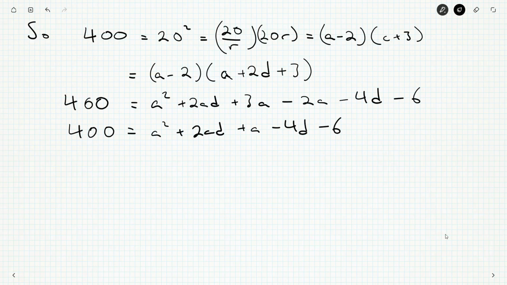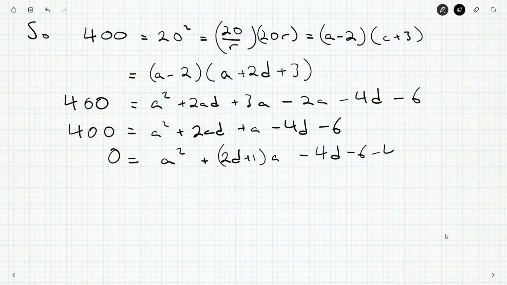Okay, that's not the most helpful thing. It's quadratic in terms of A, but it's got D values in here that I'm not the biggest fan of. Suppose we could group some like terms and say 0 is A squared plus 2D plus 1 times A minus 4D minus 6 minus 400. This term at the end makes me nervous.